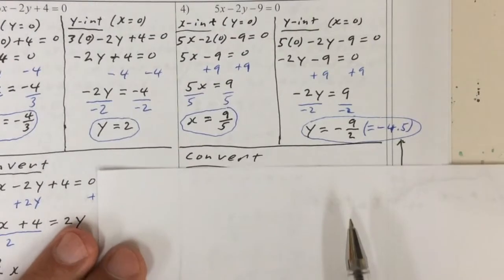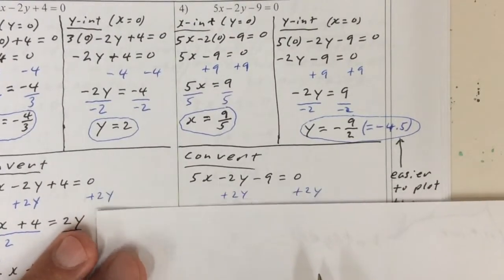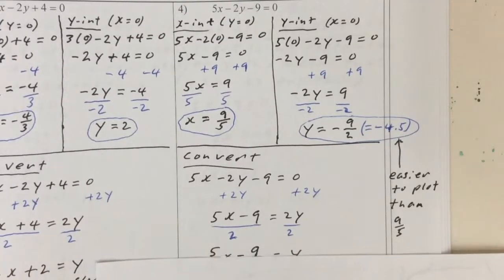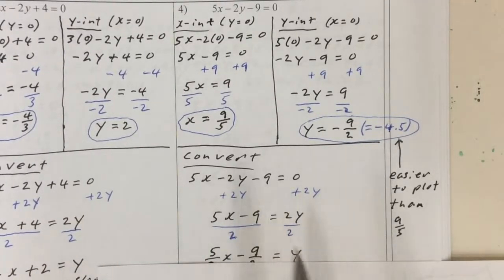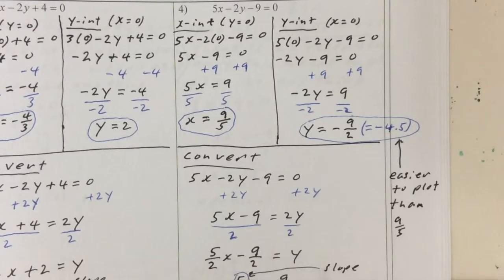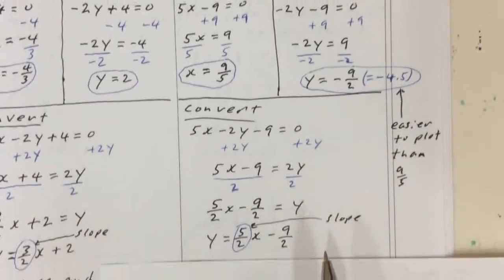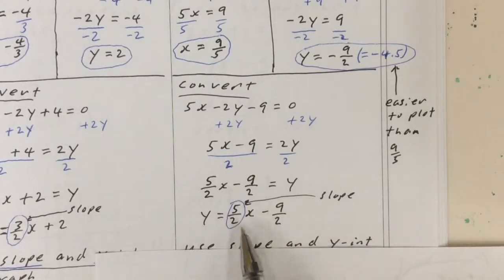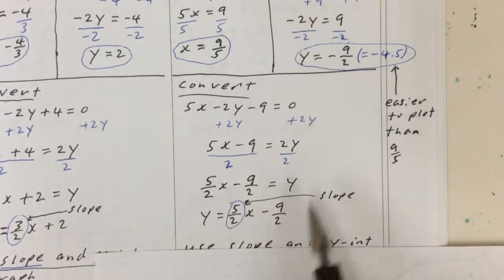But if you didn't want to, then you convert the whole thing to slope-intercept form. So I'm going to add 2y to both sides again. So now we've got the slope as 5/2. The y-intercept is negative 9/2, which we already know.